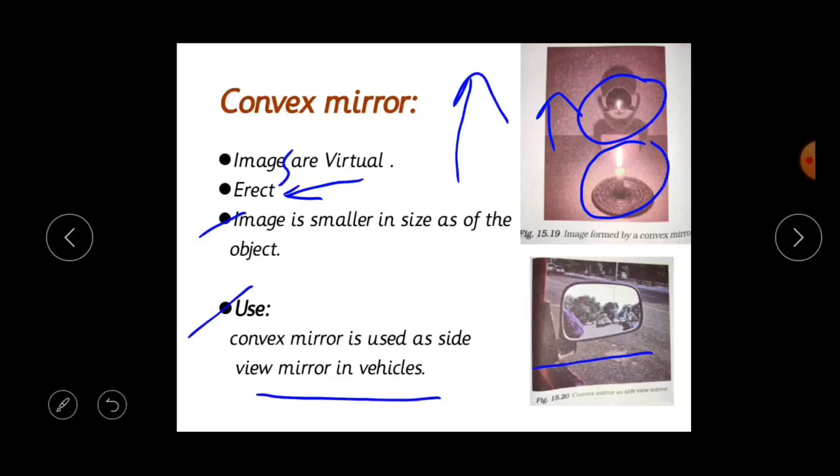So the side view mirrors we have in our vehicles are convex mirrors. Because convex mirrors can form images of objects spread over a large area, these help the drivers to see the traffic behind them. So this is the use of the convex mirror.